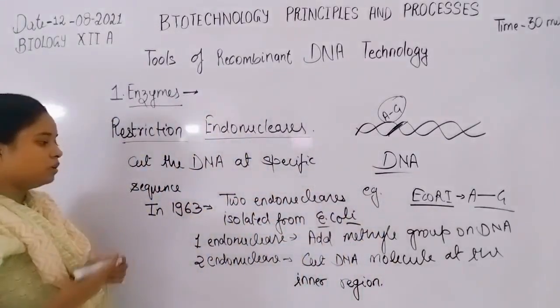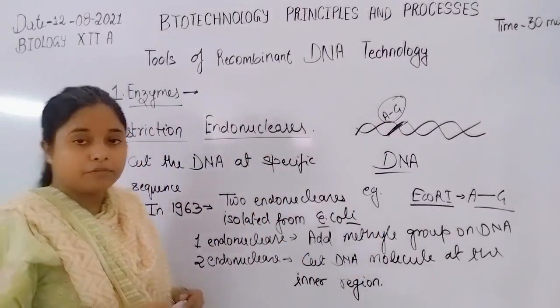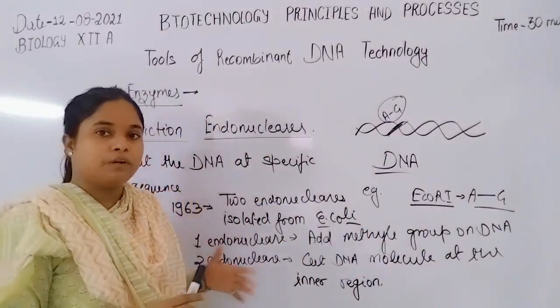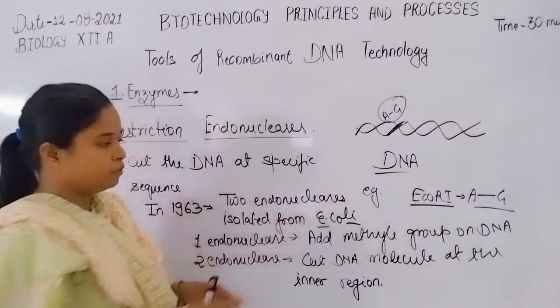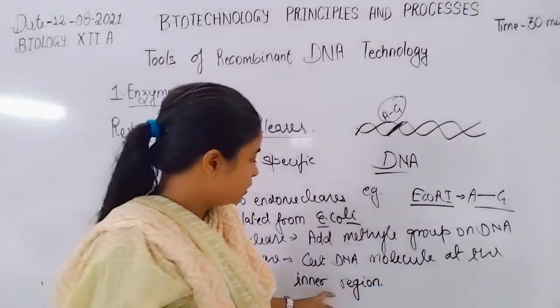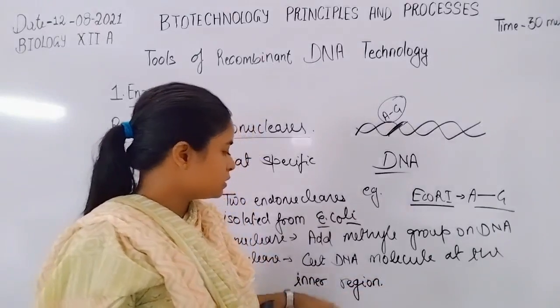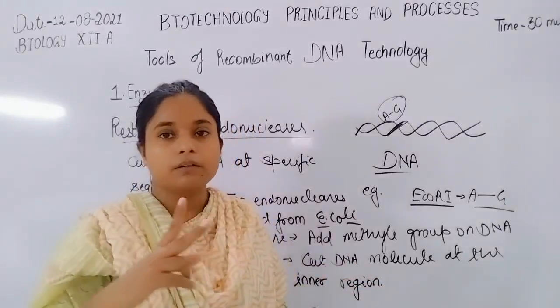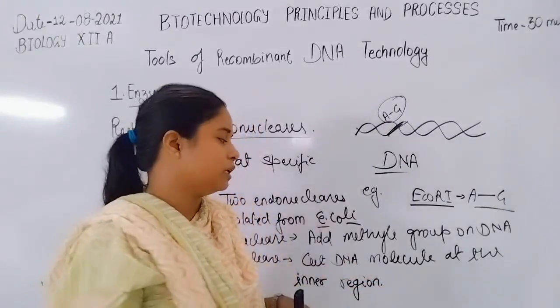So these are the two types of endonucleases. The first type adds a methyl group on the DNA molecule, and the second type cuts the inner region of the DNA molecule.